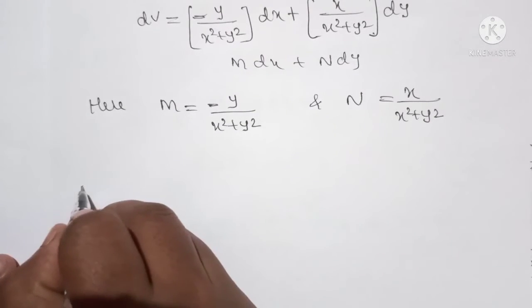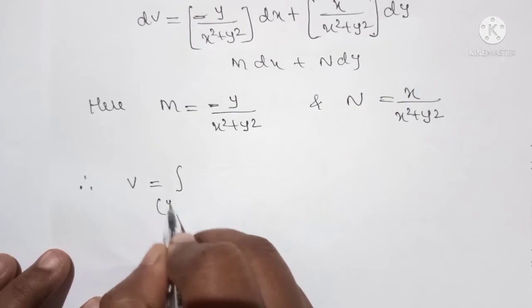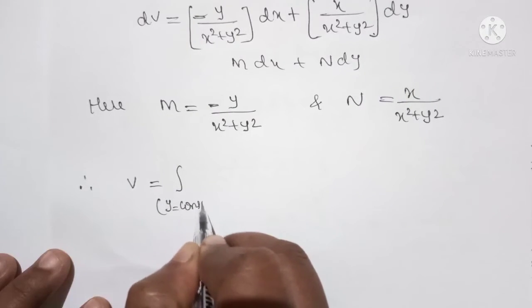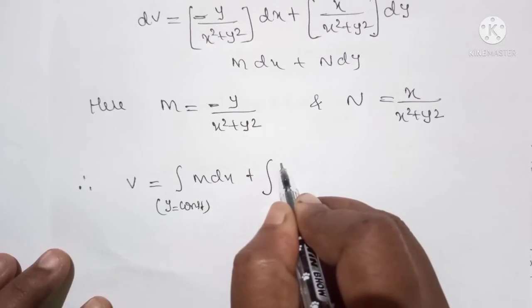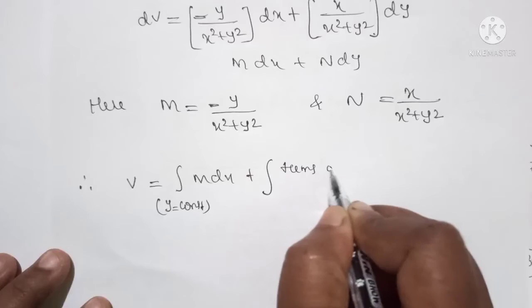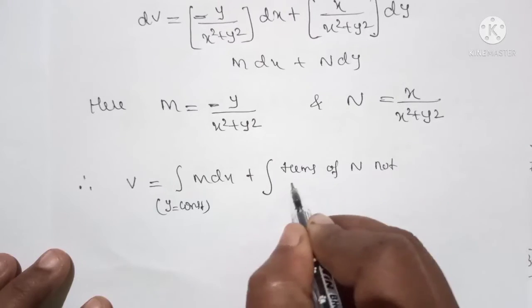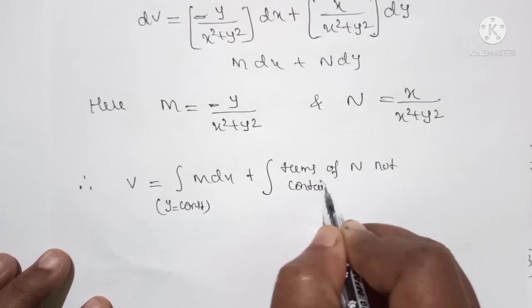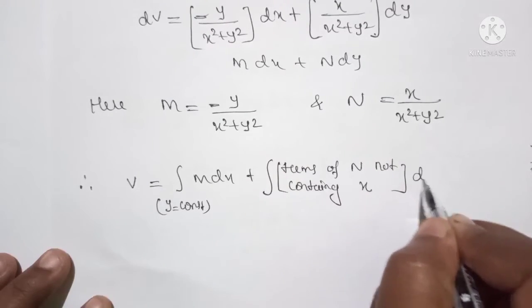Thus the solution is v equals integration, treating y constant, of m dx, plus the terms of n not containing x, into dy.